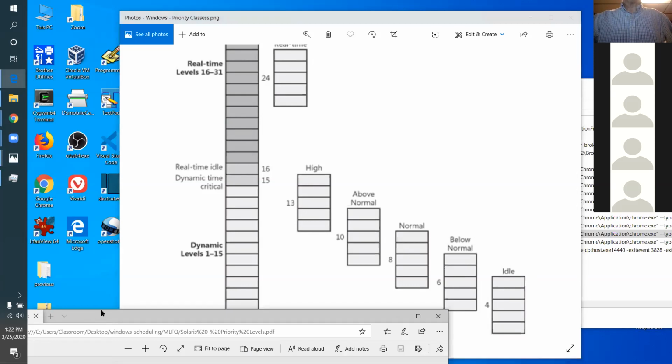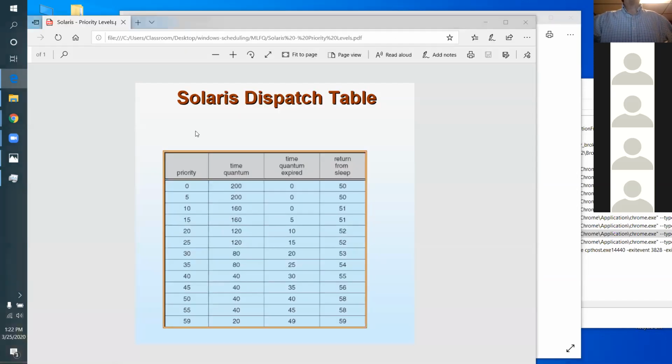Whereas in the Solaris system, there is no way to say a process is more important than any other process. If you're IO bound, you end up at high priority. If you're CPU bound, you end up down here. So there's no way to say that one CPU bound process is more important than some other CPU bound process. Okay, because if you're CPU bound, you just keep going lower and lower and lower.